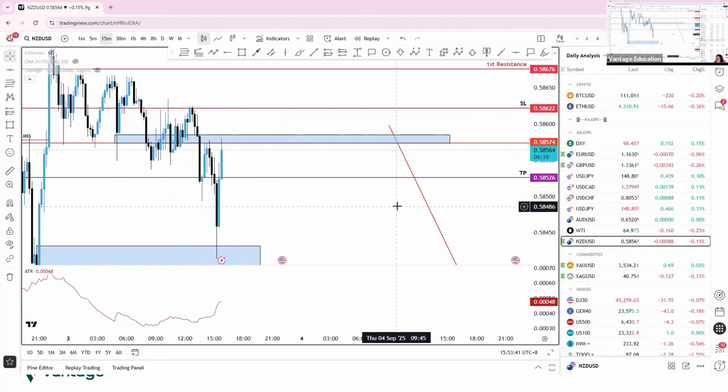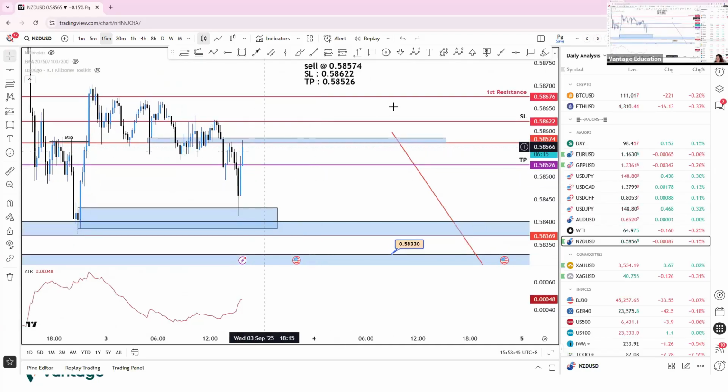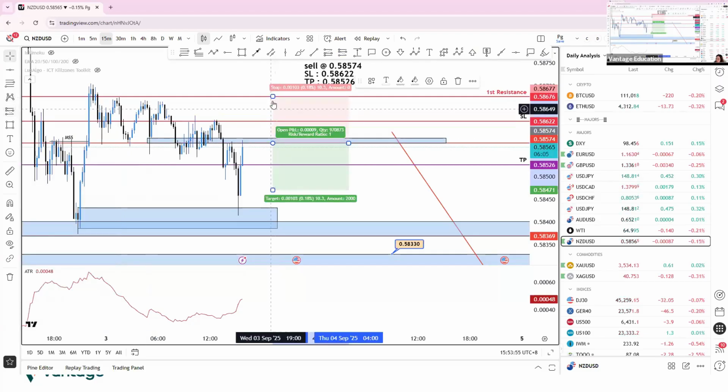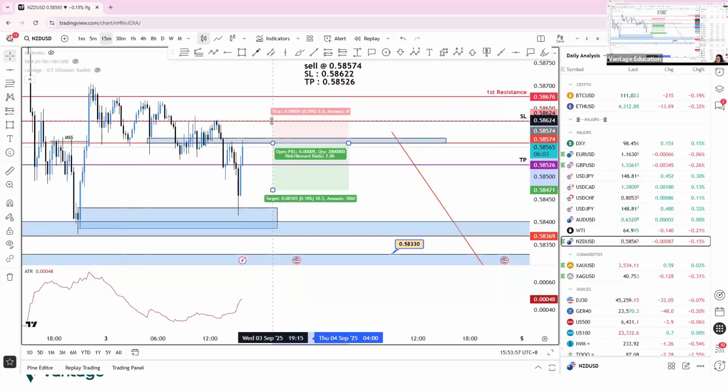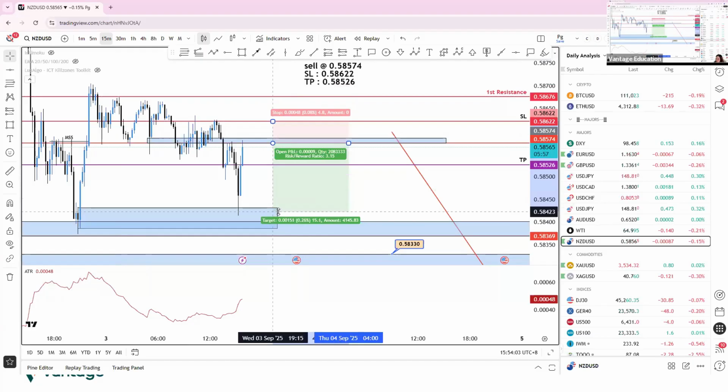Any questions, guys? Let's say I'm going to put the short here. My stop loss remains the same. On 1 hour here, I could aim for 2 or 2.5 ATR.